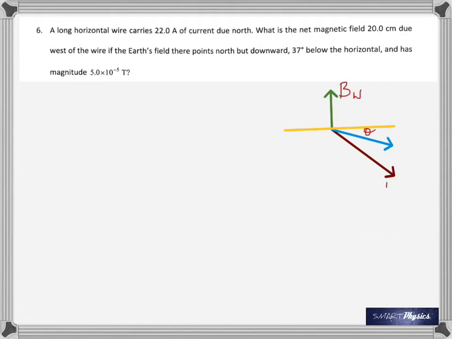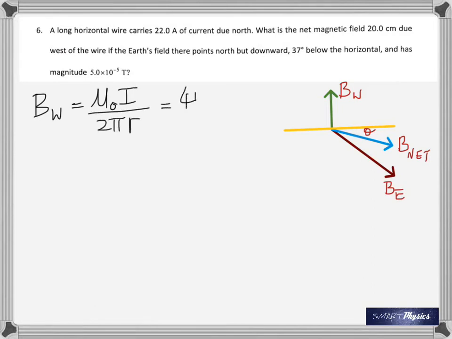That's theta. You see the notations: magnetic field due to the wire, this is the Earth's magnetic field, and you get the net magnetic field. And by the formula, the magnetic field due to the conductor is mu naught I by 2 pi r. So let's find that.